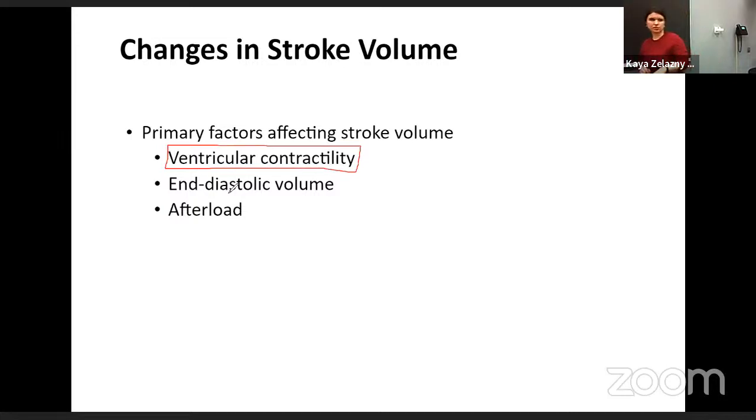It's actually true that the amount of blood in the heart is going to have an effect on how much those ventricles can contract, how much blood they can push out, because the movement of that blood was all about pressures, right? So as we change the amount of blood in the heart, some of these pressures are going to change. Okay, so we'll be looking at the end diastolic volume in particular, also something called afterload we'll touch on briefly.